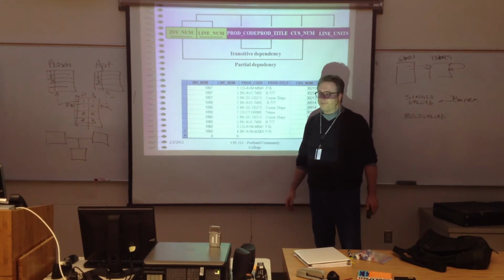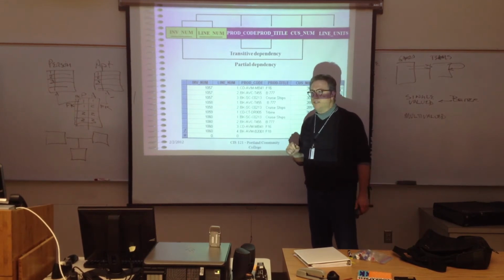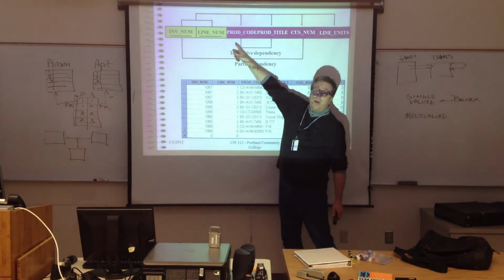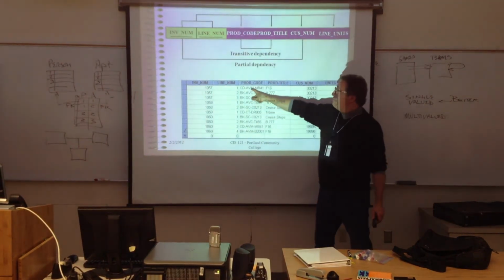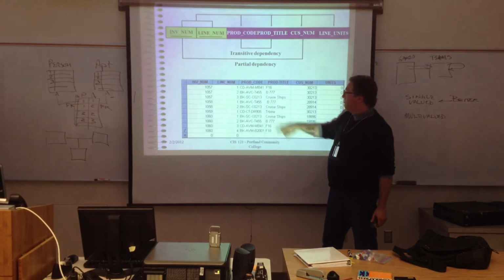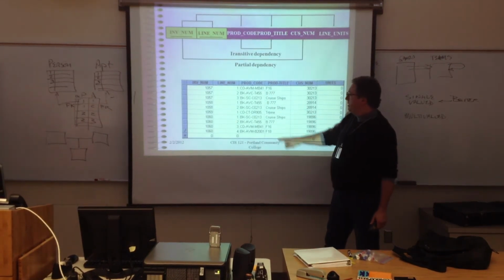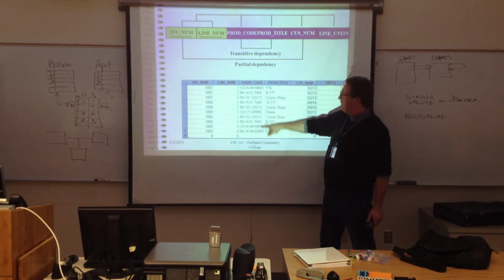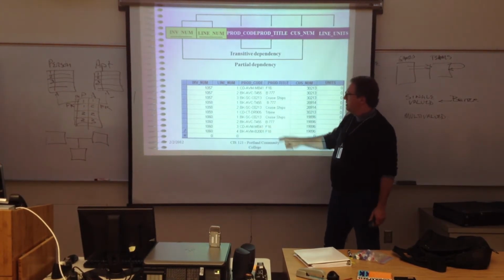The other one is, as we said earlier, the product title and the product code, it's redundant. This product code is always an F16. There are lots of different forms of F16, but here I've got NV41, NV41, they're both F16.